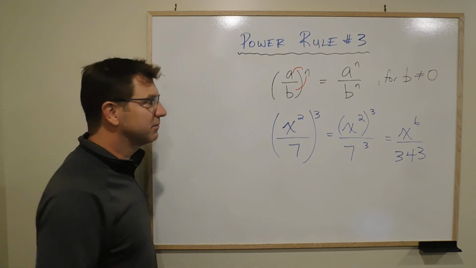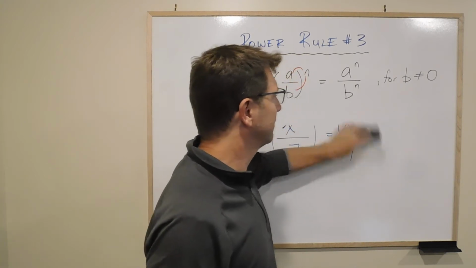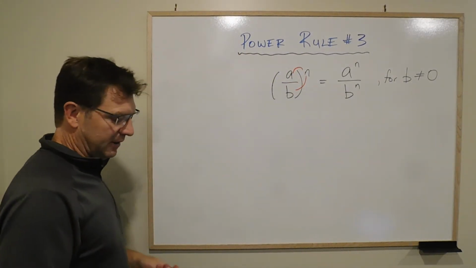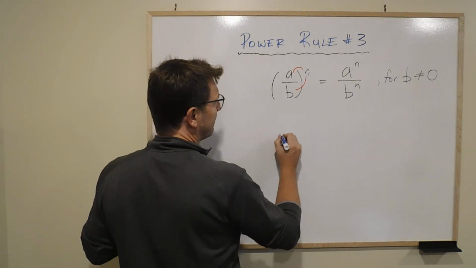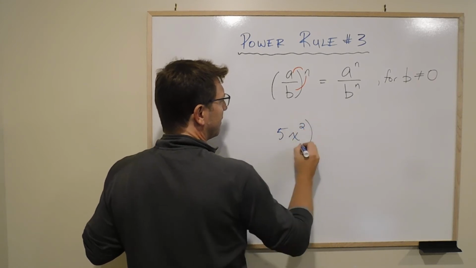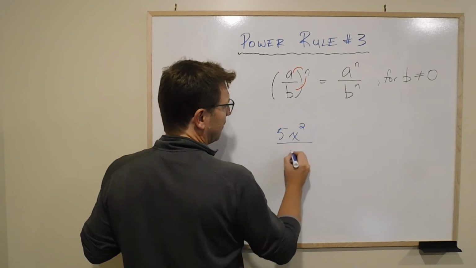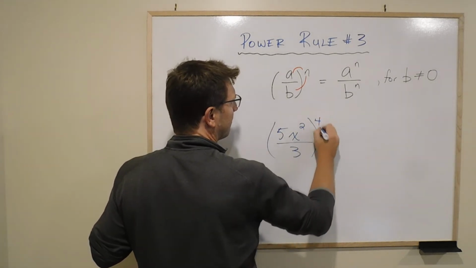Let's do one more. Okay, well, we'll kind of put it together a little bit more. In this one, we're going to have a bunch of pieces. So I'm going to have like 5x squared. Whoops, we need a bigger bracket there. 5x squared over 3, all to the exponent 4.